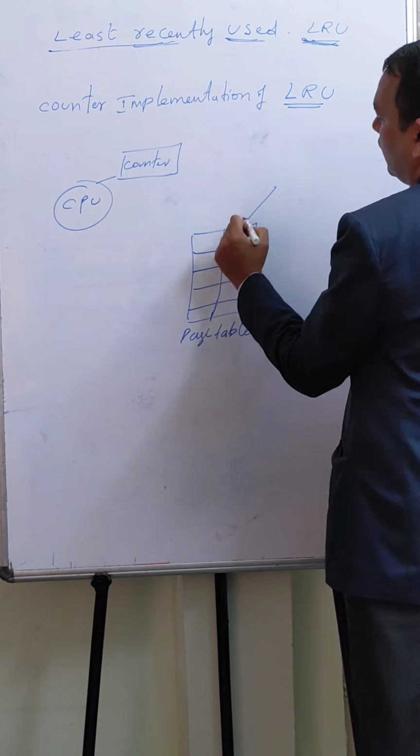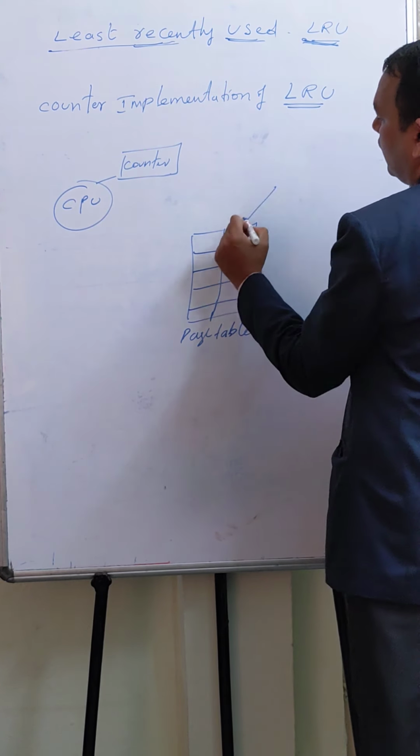Whenever the CPU refers to a particular page, the CPU immediately copies the counter data for that page. The counter always increments. Suppose the CPU accesses 1, immediately the counter value will be copied.